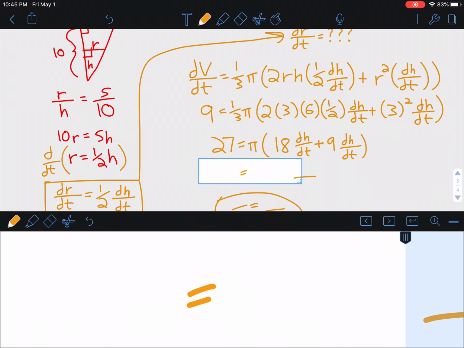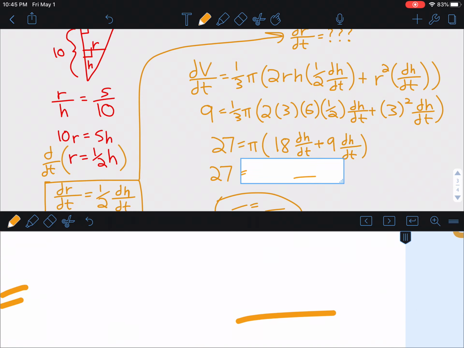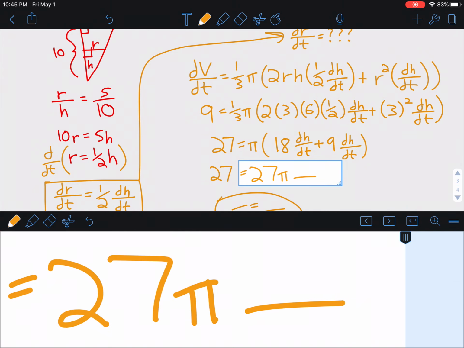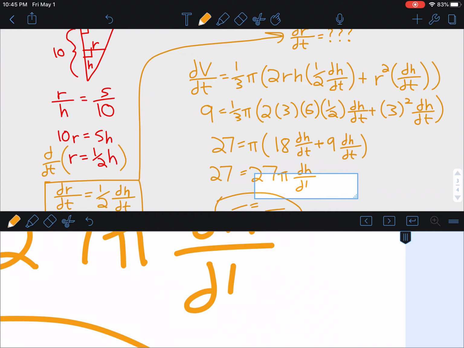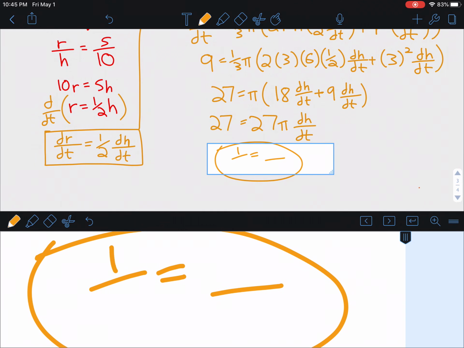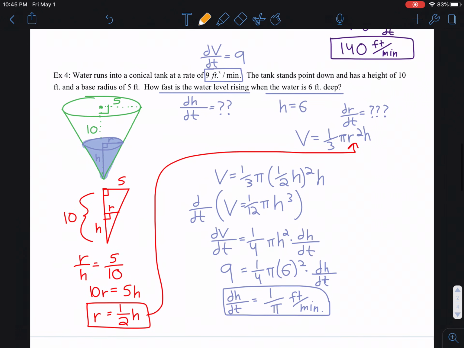And so I'm going to get 27 equals 18 plus 9, 27. I have a pi out front, so I get 27 pi dh dt. The 27s cancel. Divide the pi over to the other side. I get 1 over pi equals dh dt, which is ultimately the same thing I got doing it the other way.